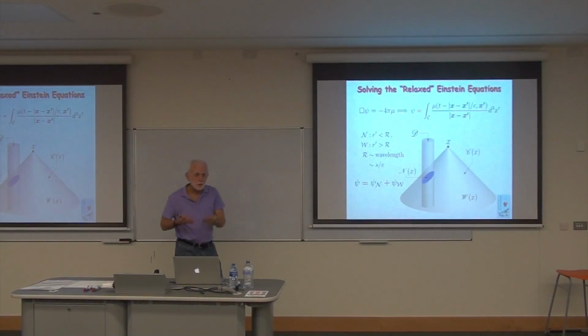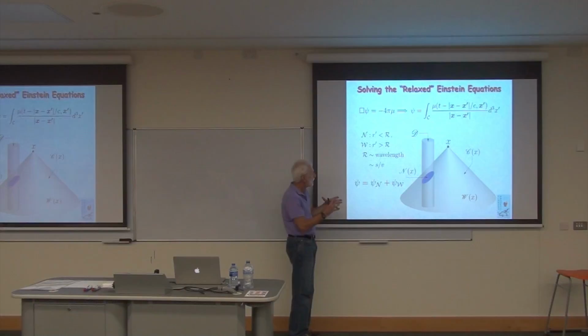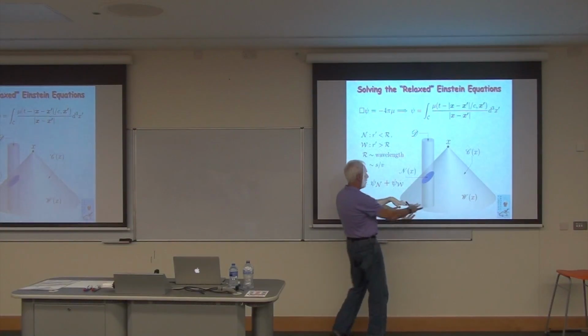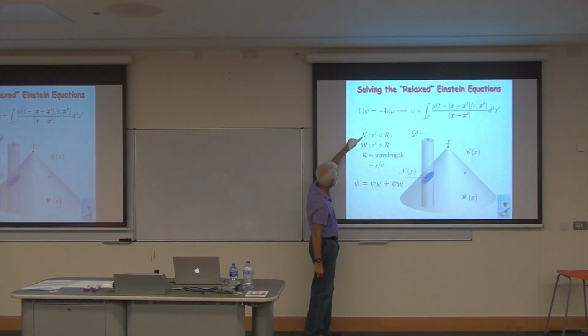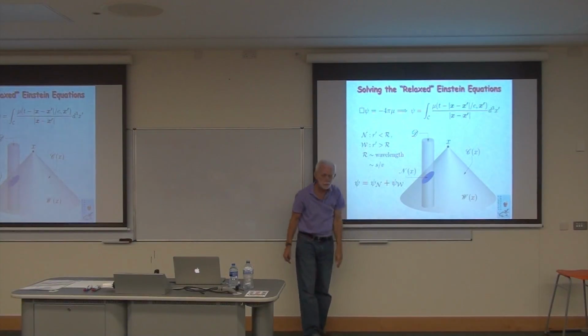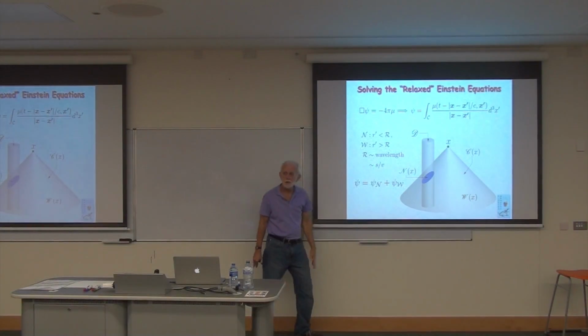These would be the charges that are generating the electromagnetic field. And then we want to divide space, the spatial part of this space-time diagram, into two regions. One region called N is where the distance from the source is small compared to a radius r. That radius r is of order the gravitational wavelength of the system if it were emitting gravitational waves.